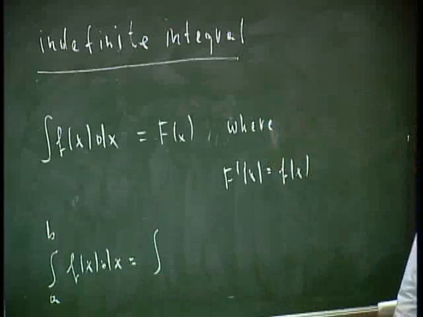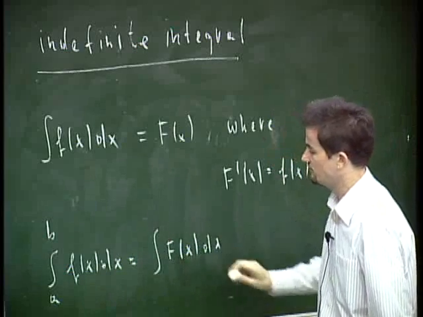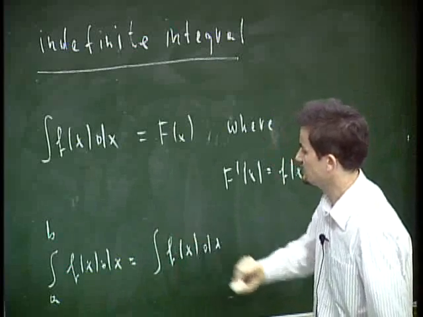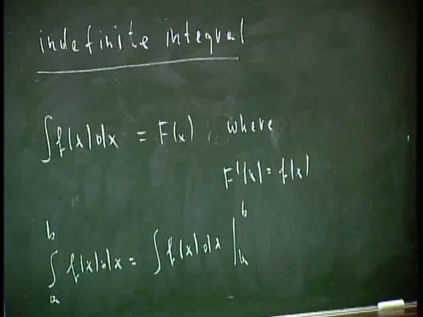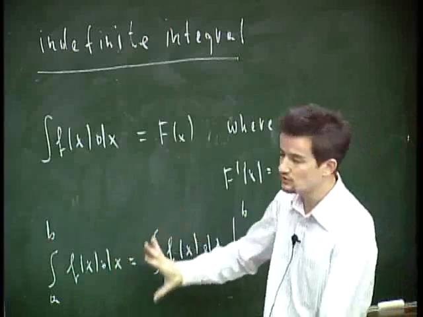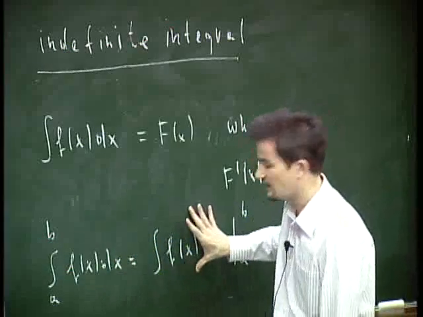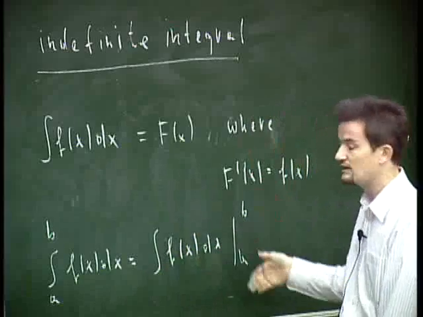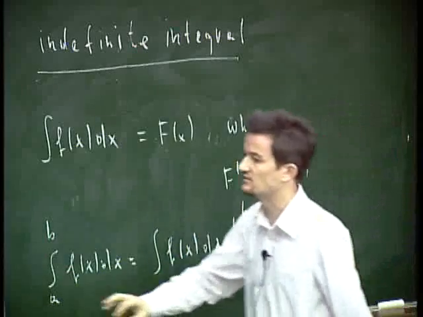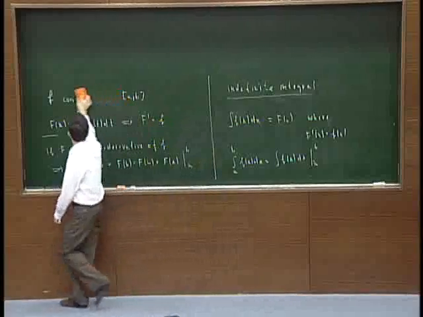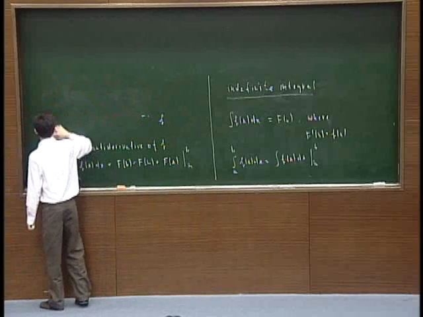In order to compute the integral, you find an antiderivative and you evaluate it at a and b. So using this notation, this already tells you how to do it: you first find the antiderivative, and then you evaluate it at upper and lower limit. So it's just for convenience. There's nothing new here.